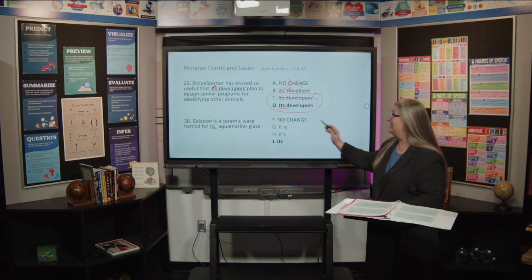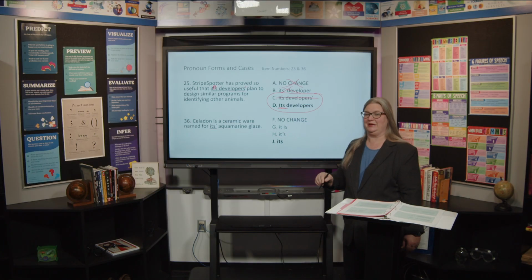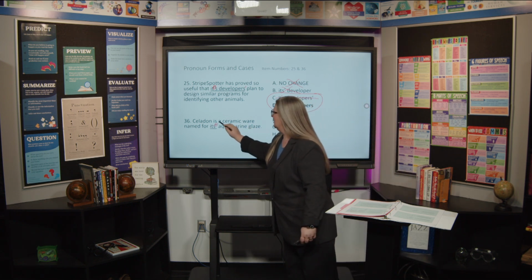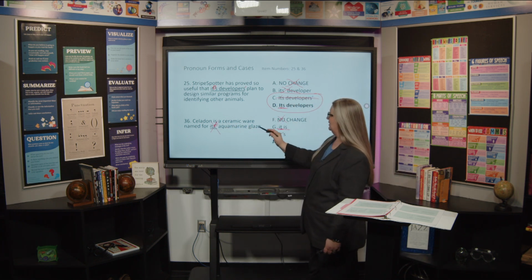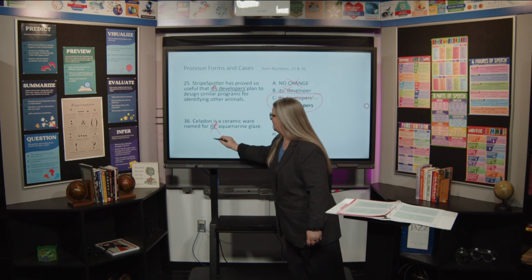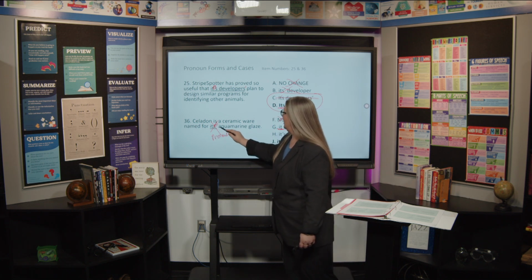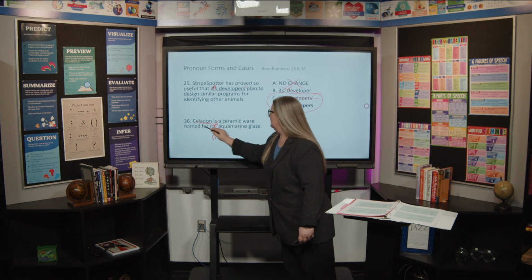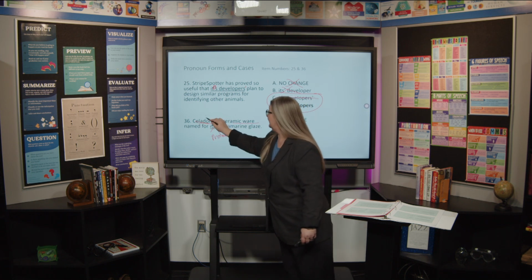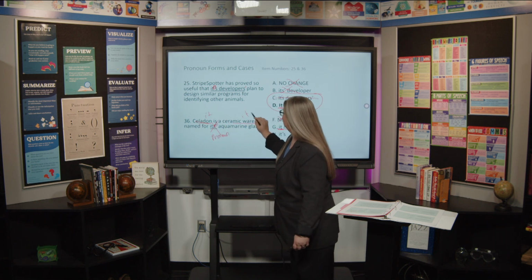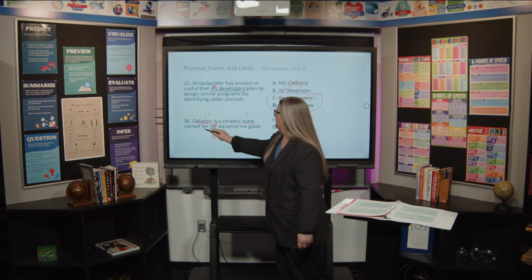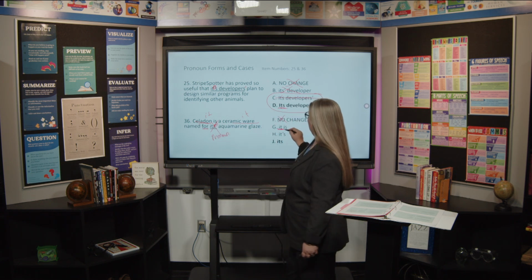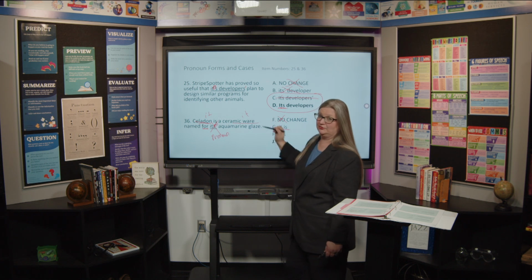Good job. This was probably one of the easiest ones for me. I have an apostrophe here, so I know that's not correct. I have it is, and I know that this is supposed to be a pronoun talking about Celadon, the ceramic ware. So it's an it and an it. So if I have for, then I know it is not going to come after for.